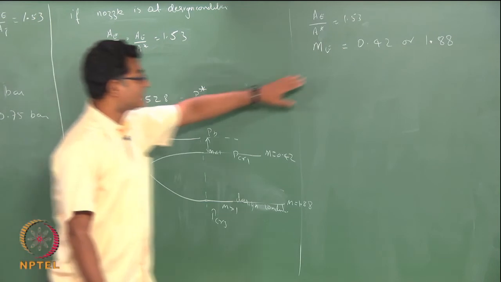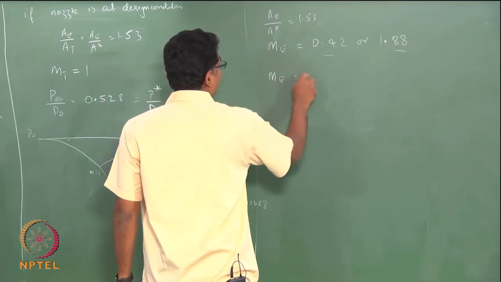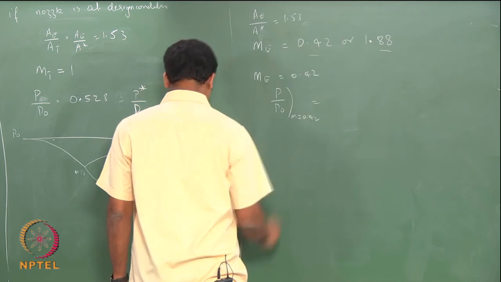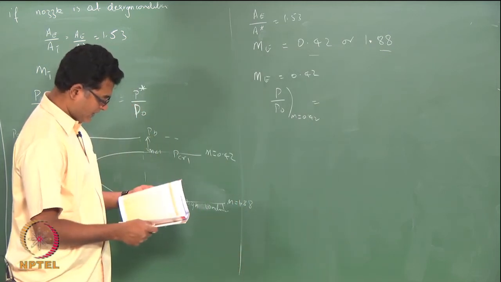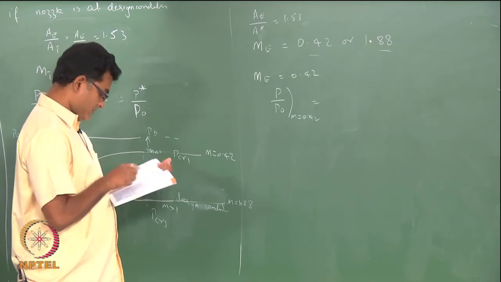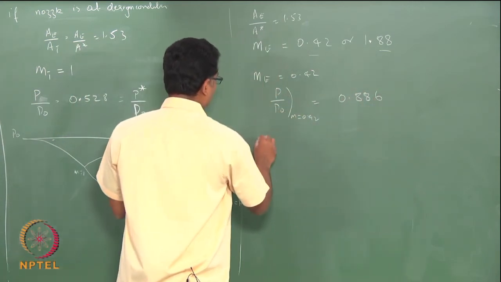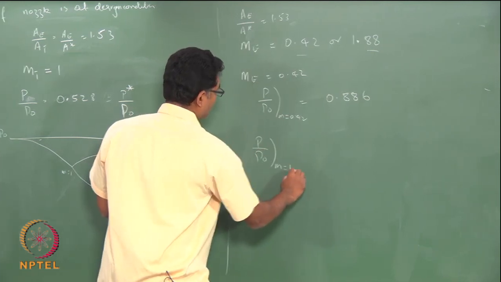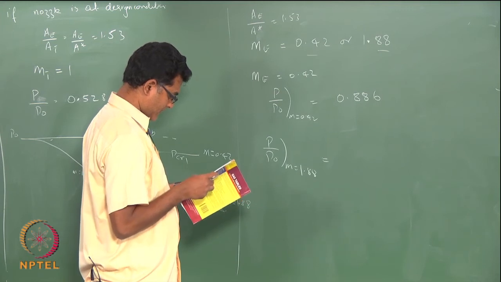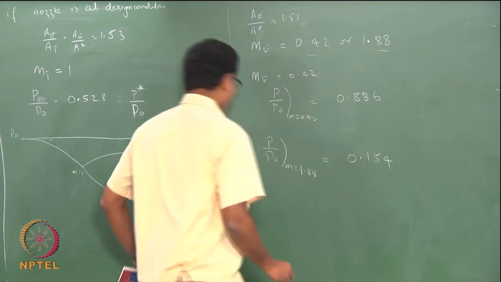Now, my P by P0 at M equals 0.42, I look at the tables, I would get P by P0 as 0.886, or at M equals 1.88, P by P0 is 0.154. Okay, what does this mean?